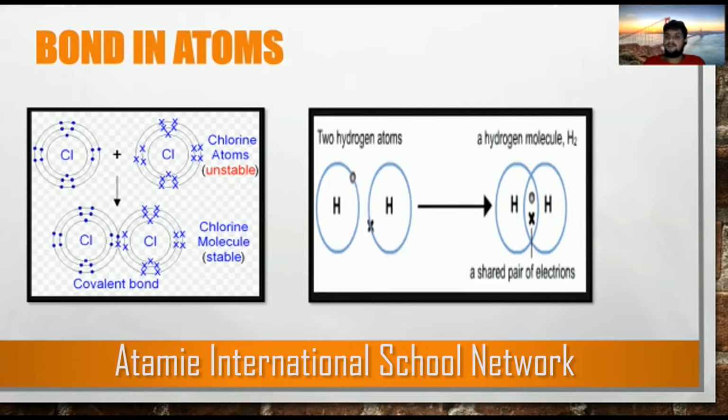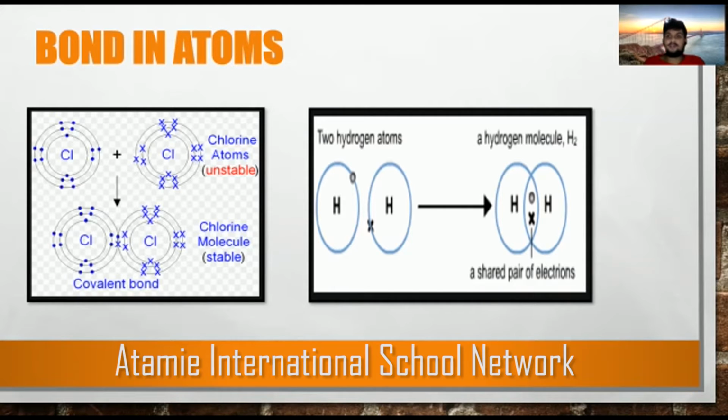When you have 7, that means it's unstable, because for an atom to be stable, it needs to have 8 outer shell electrons. So what do they do? Both of these are non-metals, so neither can give away electrons. They can only accept, but no one is giving.